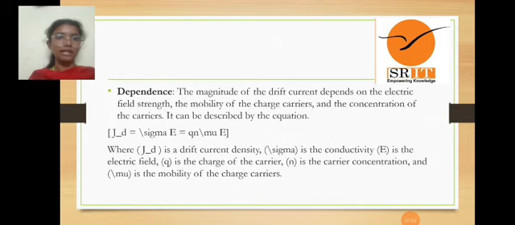Next, dependence. The drift current depends upon the electric field strength, the mobility of the charge carriers, and the concentration of the carriers.